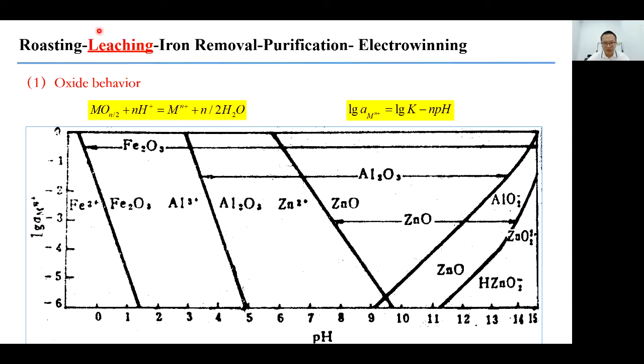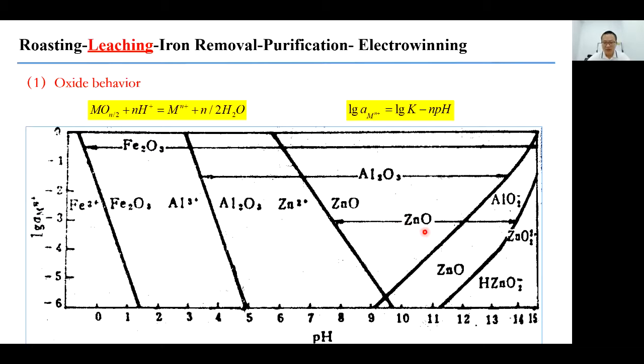In the roasting part, sulfur is separated and recycled in the following acid-making process. And in the leaching part, we are separating the gangues and even some impurity elements. For example, here we can find zinc oxide, which is the dominant phase in the calcine, or the roasting product.